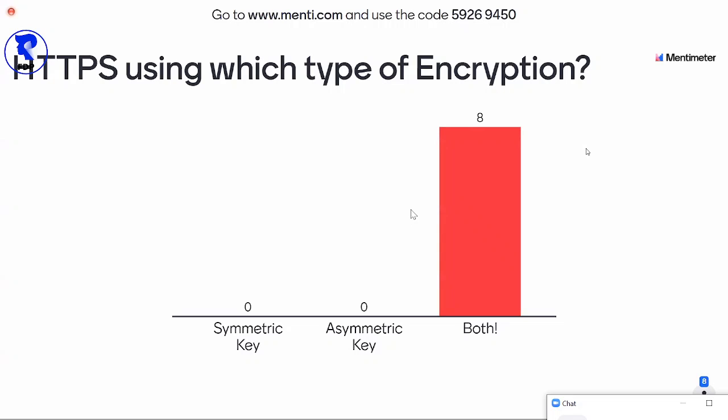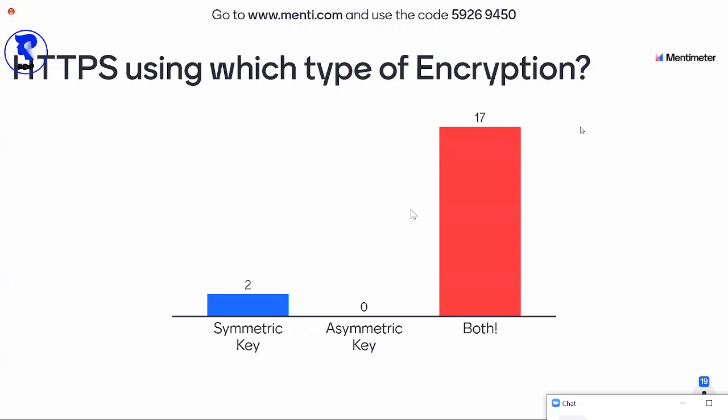So that's great that you have grasped the concepts for today's session. For the person who answered symmetric key, yes, it uses symmetric key, but it's not just symmetric key. To shift to symmetric key, first you need asymmetric key cryptography, and then you use the symmetric key. So the correct answer would be both.